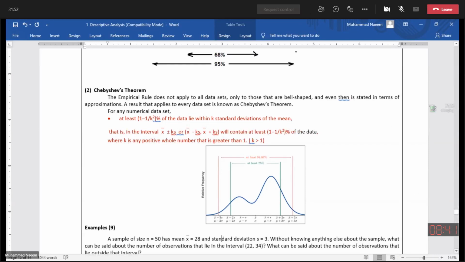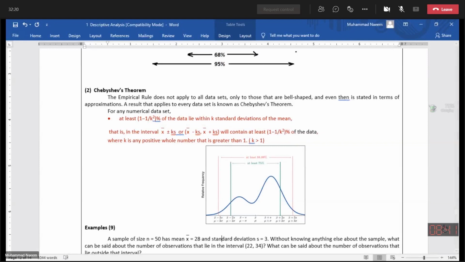There is also a little difference between the empirical rule and the Chebyshev theorem. One is about normality: the empirical rule works only for bell-shaped or normal distribution, whereas the Chebyshev theorem works for all types of distributions.